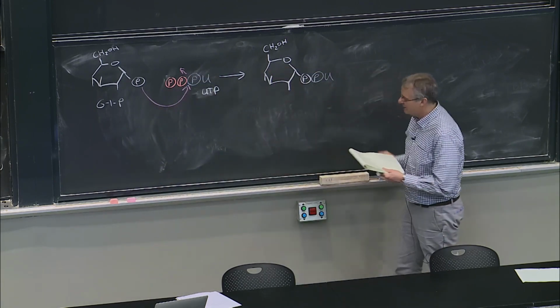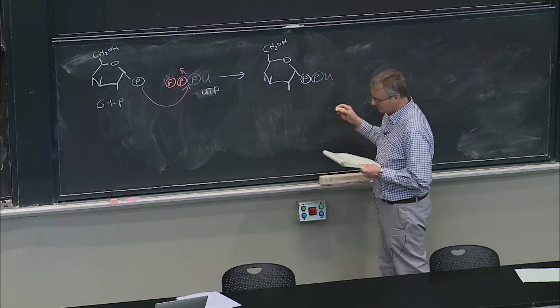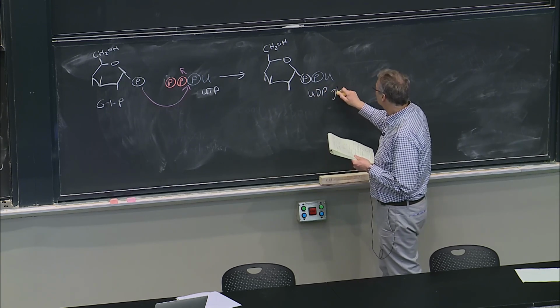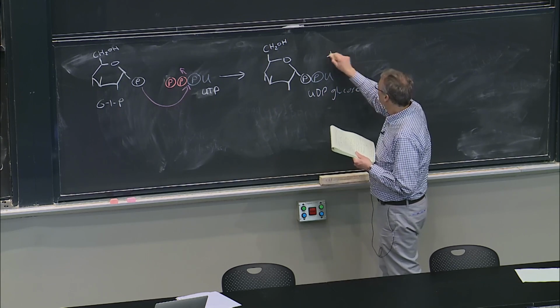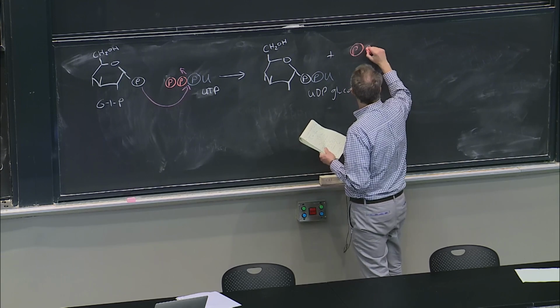And so this molecule with the UDP added to the glucose is UDP glucose. This will also generate a pyrophosphate.